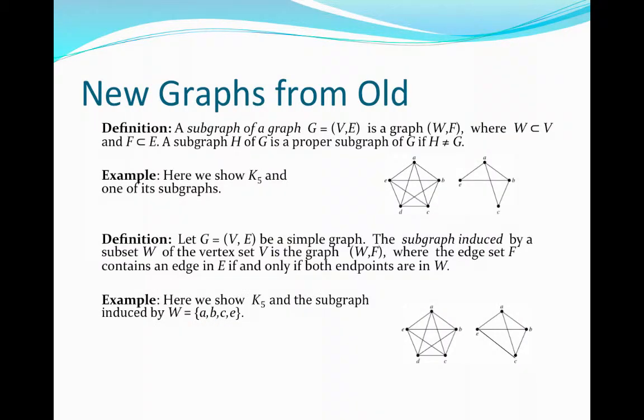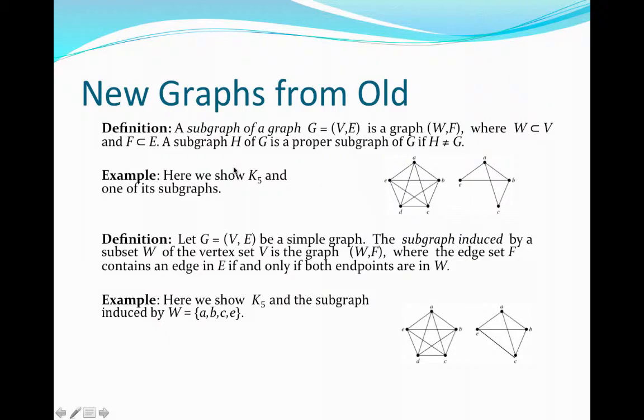Now we're going to look at forming new graphs from old graphs. So we're going to define subgraphs. A subgraph of a graph G, which has a vertex set capital V and an edge set capital E, is another graph with a vertex set W and edge set F, so that this graph simply contains some or maybe all of the vertices of the original graph and some or maybe all of the edges of that graph.